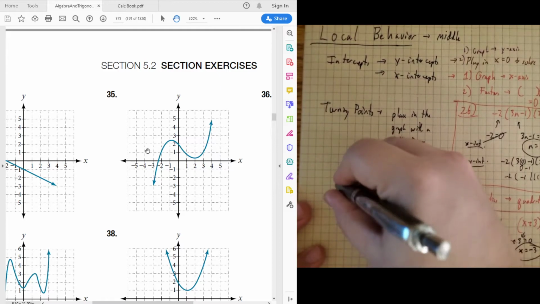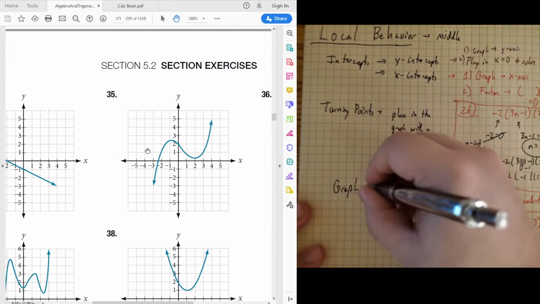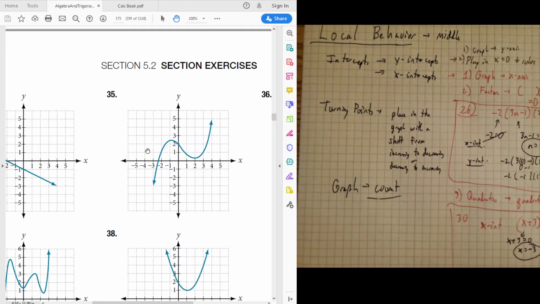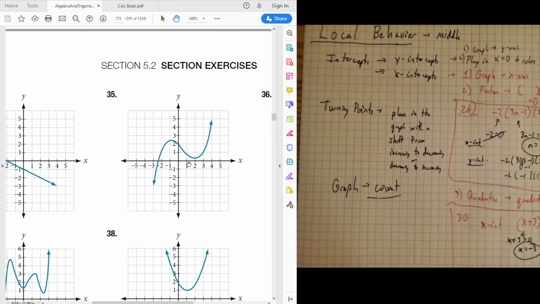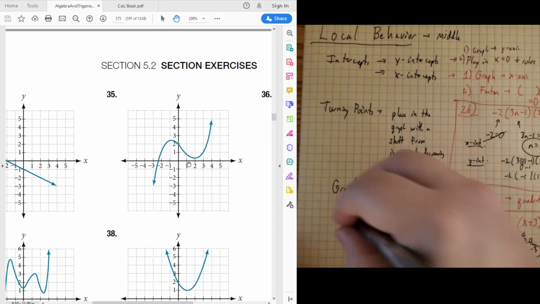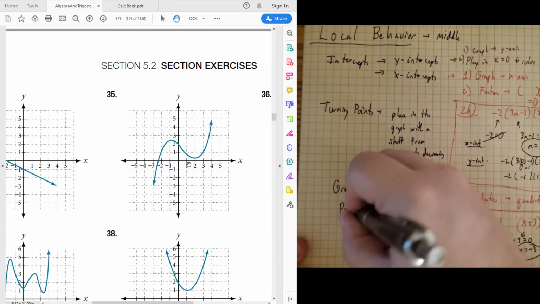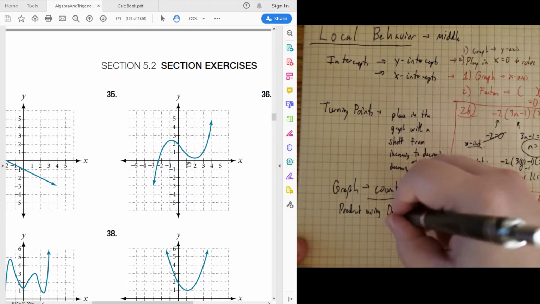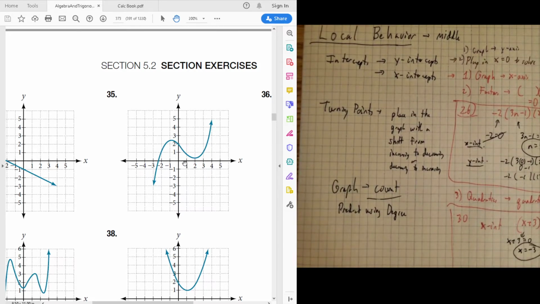So if you have a graph, you can just count. Just count them out. How many are there? 1, 2, easy. If, however, you don't have a graph, you can actually predict using the degree. So how do we do that?